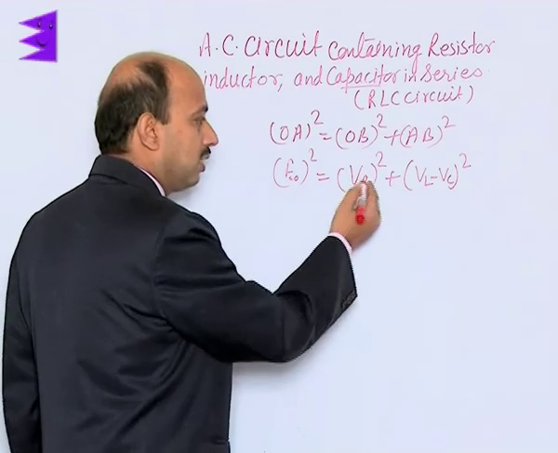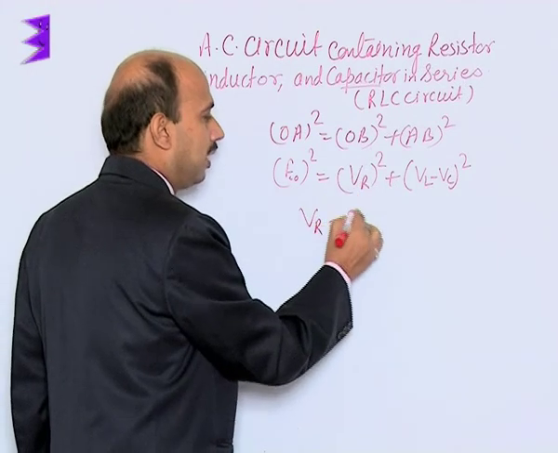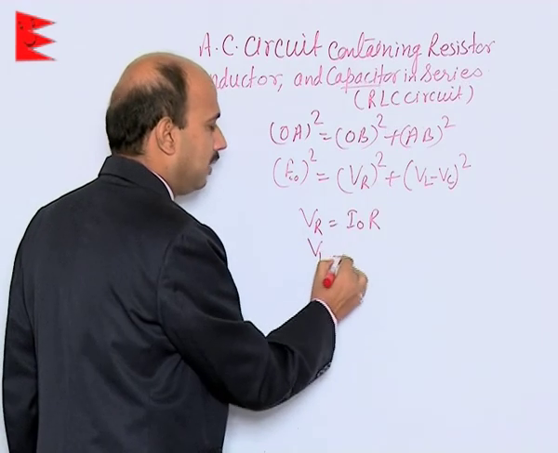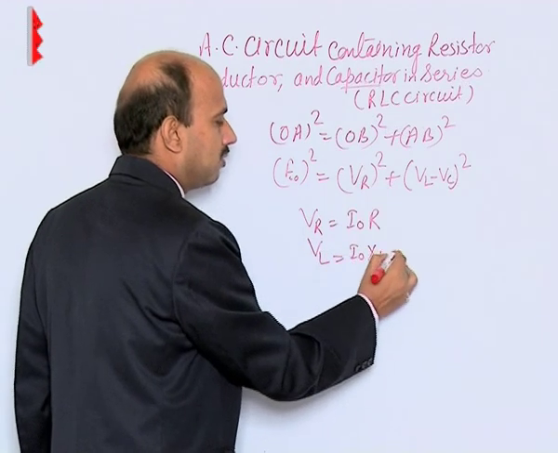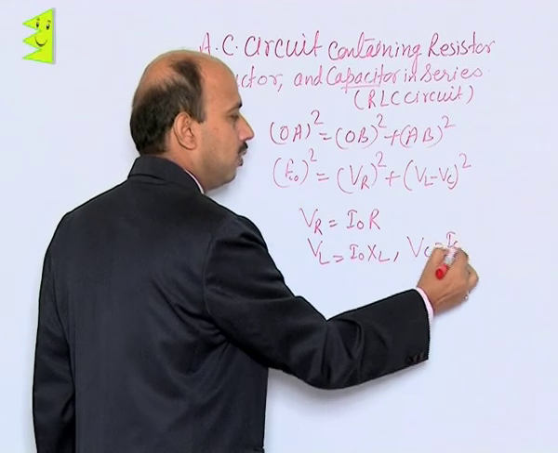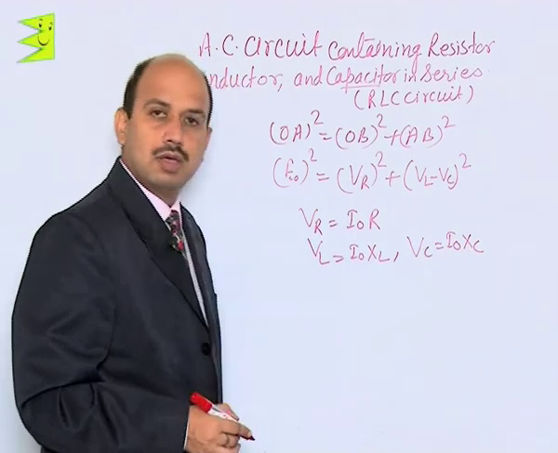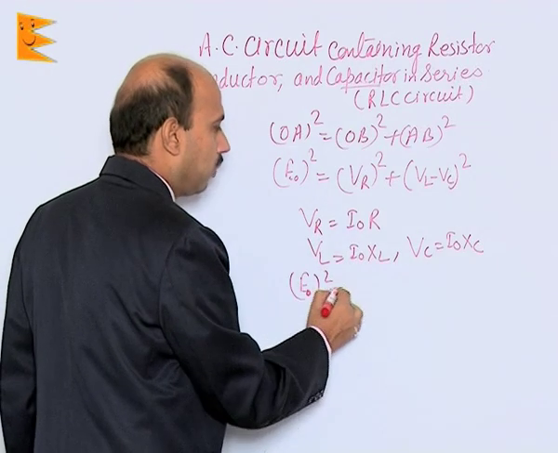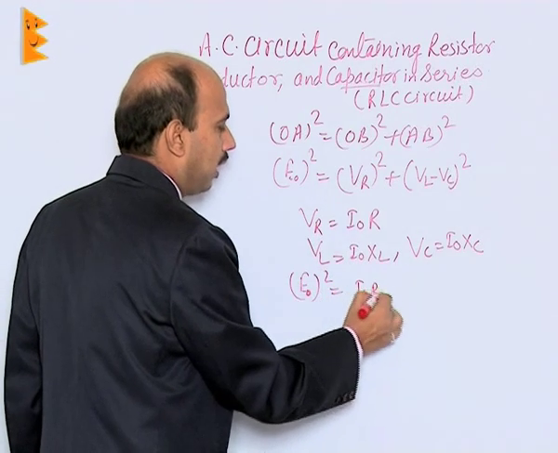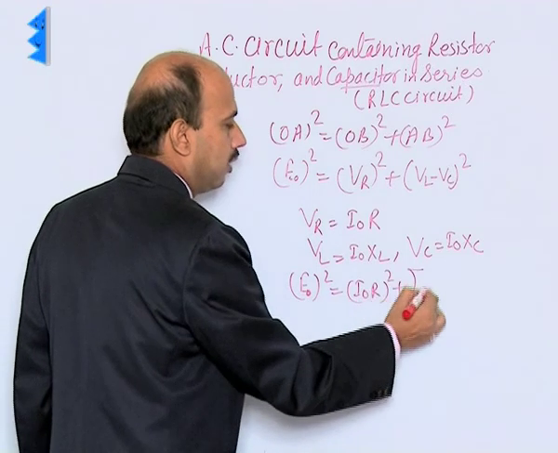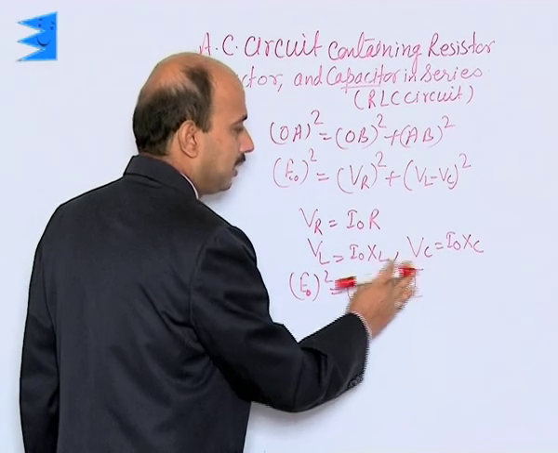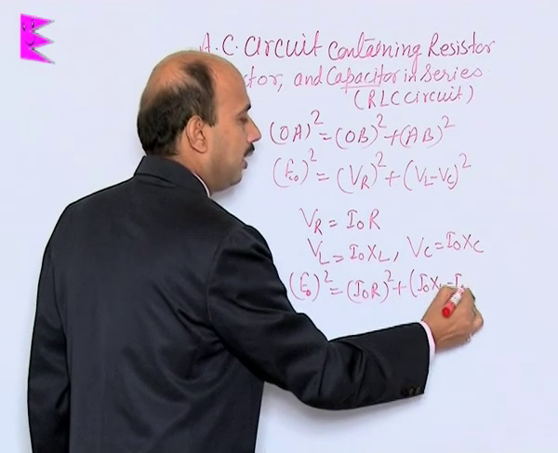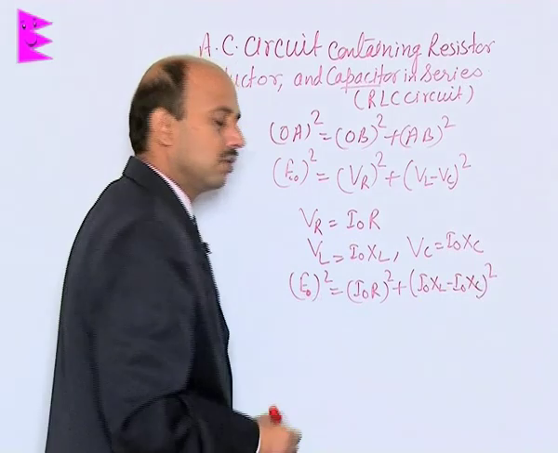The maximum voltage across resistance is VR equal to I naught R. The maximum voltage across inductor is VL equal to I naught XL, and similarly VC is equal to I naught XC. So E naught square is equal to (I naught R) square plus (I naught XL minus I naught XC) whole square.